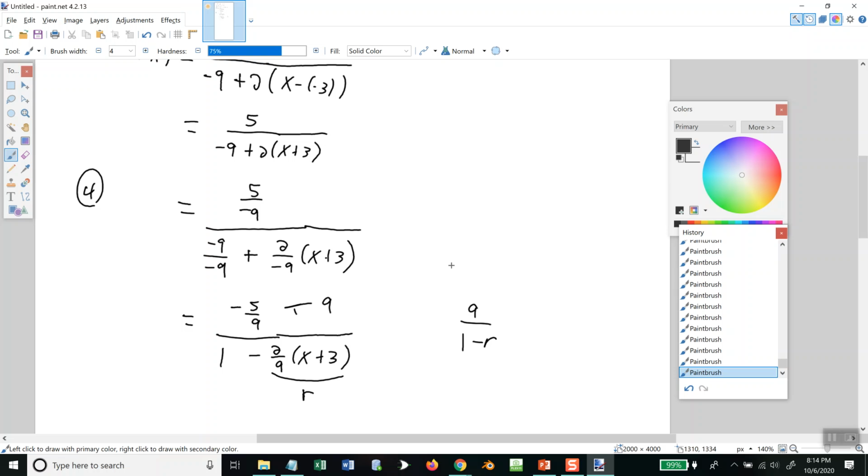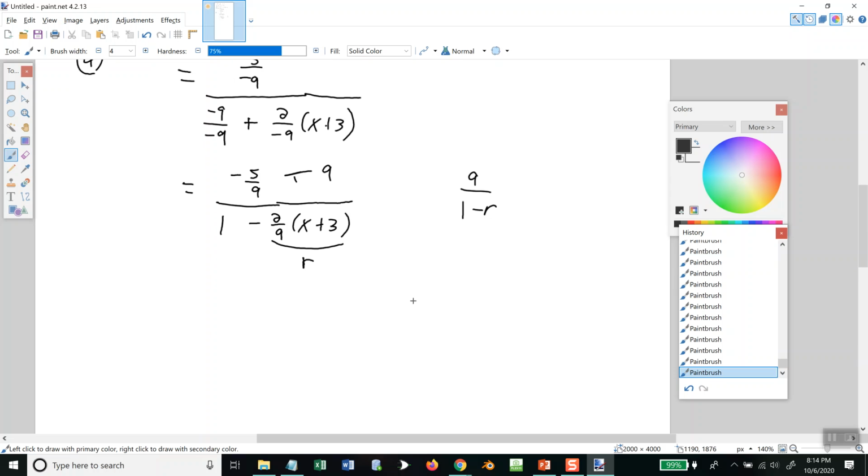What? An entire thing would be R? Yeah. Including? No, not including that. Yeah, not negative. So our form here is A, R to the N. So A is -5/9.